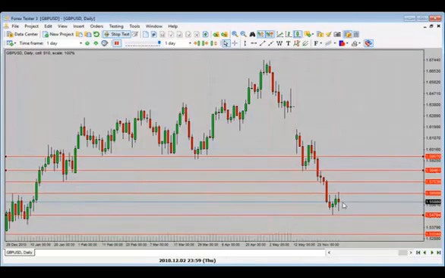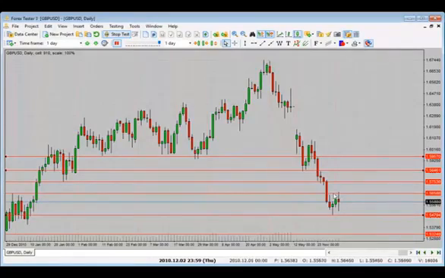Okay, any guesses? All right, in my opinion here, because this is a completely neutral candle and the bias is to the downside, my bias will still remain to the downside.